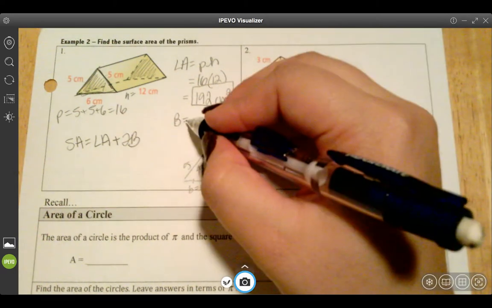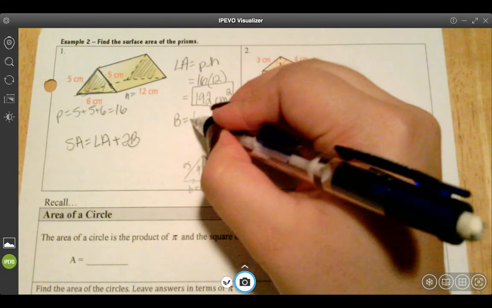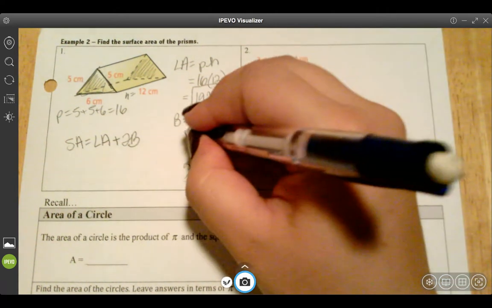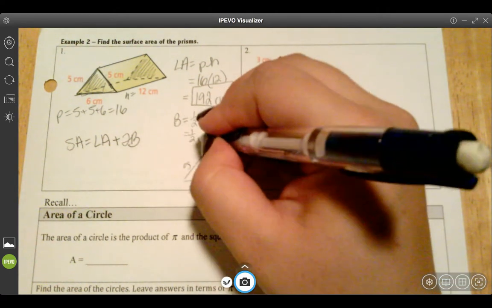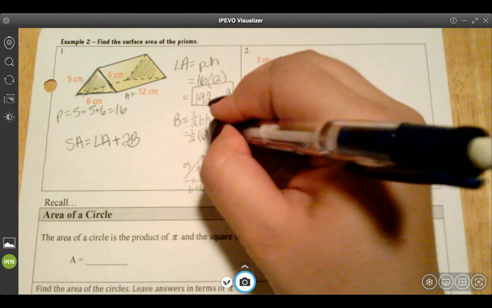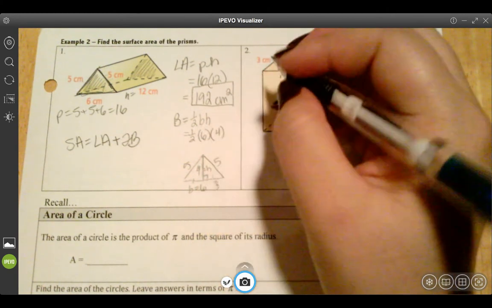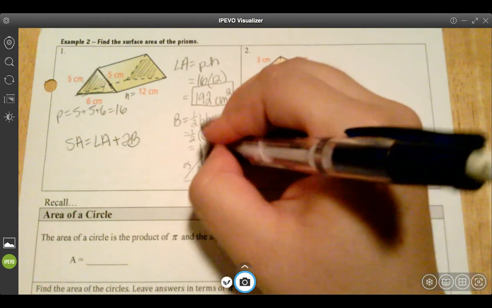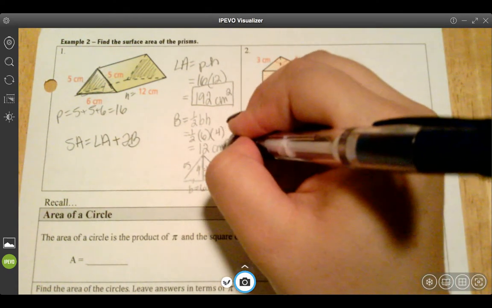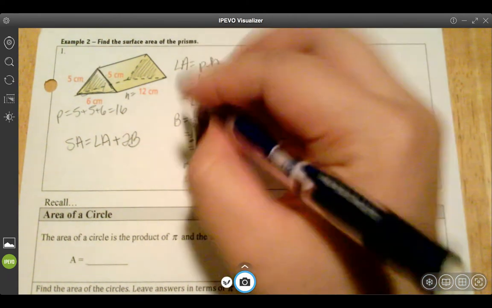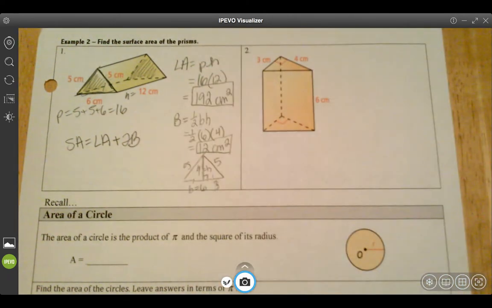To calculate the area of one base, I use 1/2 base times height for the area of a triangle. That's 1/2 little b, base of the triangle is 6. H, height of the triangle, is 4. And that should give us 12 squared centimeters. And now I'm going to use those and substitute them into my surface area formula.